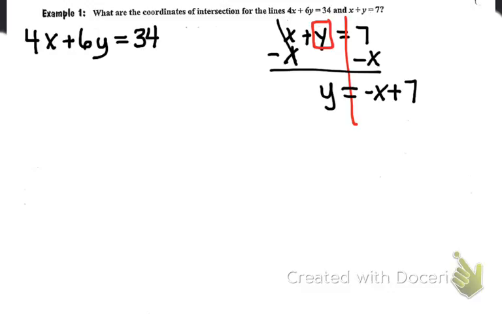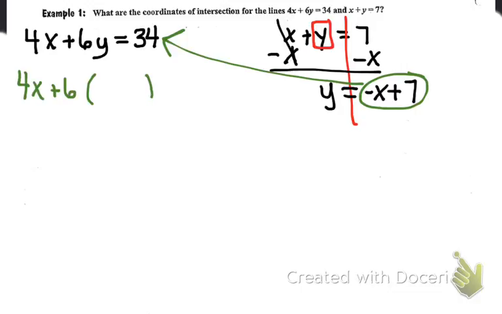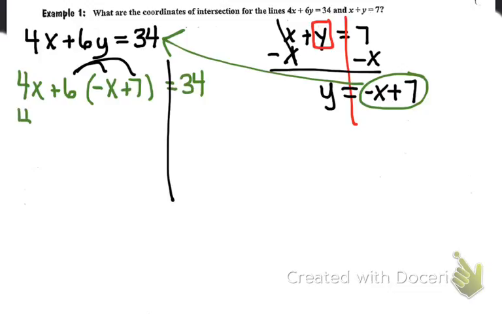So let's take our value of y, which is negative x plus 7, and plug it in for y into our first equation. So 4x plus 6, inside my parentheses for y, I can put this value, negative x plus 7. Now we can solve for x. First thing we need to do is distribute the 6 into our parentheses. That will give us 4x minus 6x plus 42 equals 34.